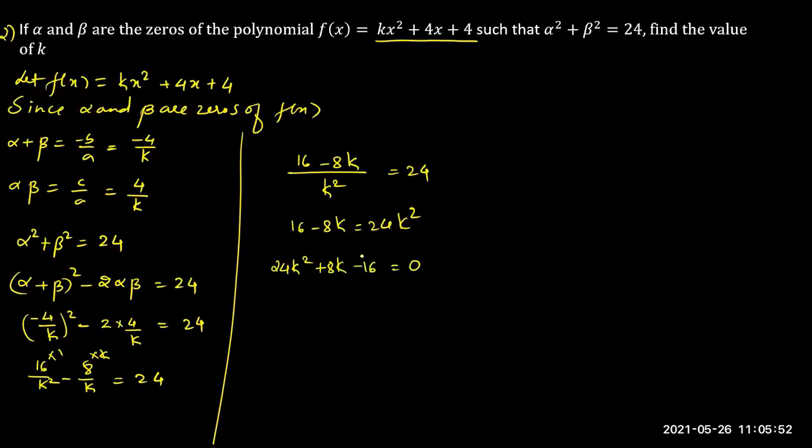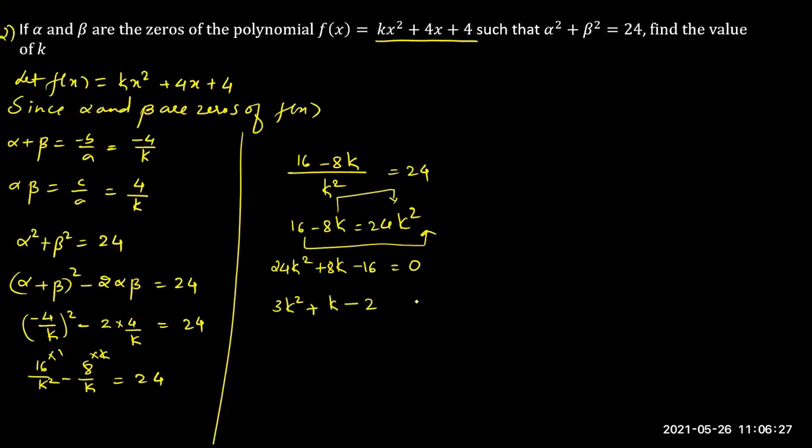These two terms I transferred to RHS, so minus 8k will become plus 8k, 16 will become minus 16. Now the common factor is 8, so divide each term by 8. So 24 by 8 is 3k square, plus 8 by 8 is k, minus 16 by 8 is 2.